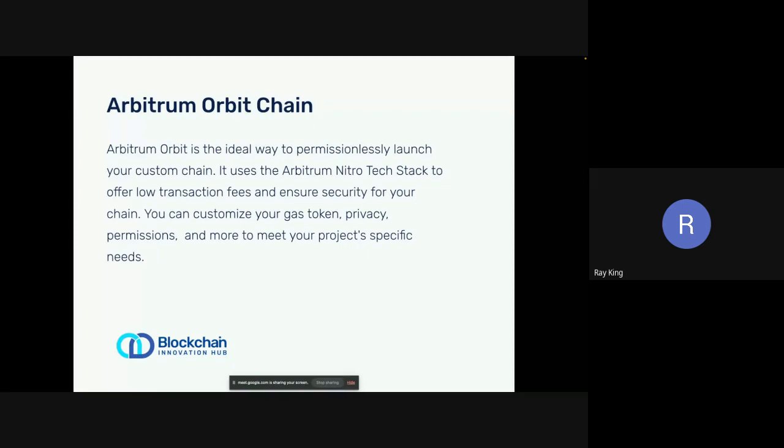So you don't need to go through the stress of deciding what security to use for your chain. It already provides the security, and it also offers low transaction fees. Now, the customization here includes gas token, privacy, permissions. So whatever your project needs at that particular point, Arbitrum Orbit can be customized to meet your need.